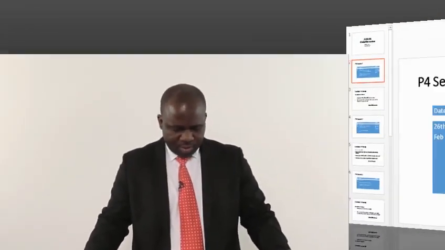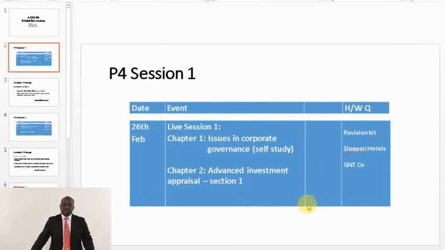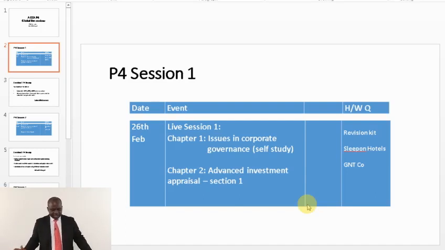Brilliant. Okay, so today we're going to look at Session 1 of our P4. In Session 1, we need to look at Chapter 1, which is in relation to issues in corporate governance, and that is going to be self-studying. We're also going to look at Advanced Investment Appraisal 1 from Chapter 2.